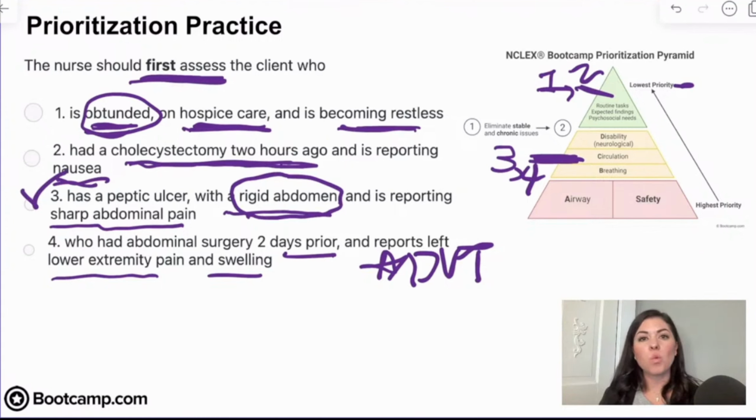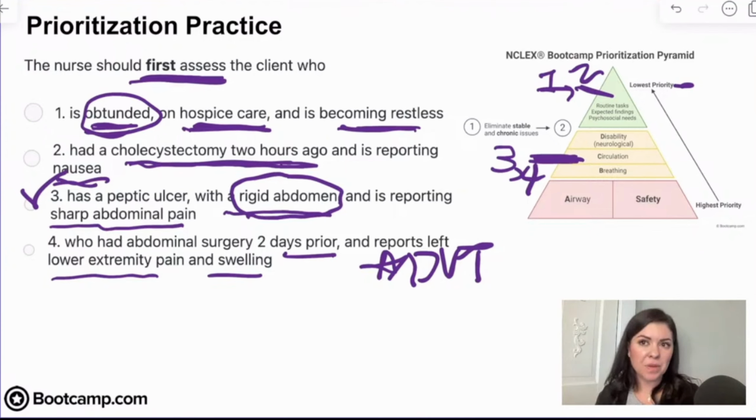But let's talk about when option 4 could have potentially been correct. Maybe instead, the option could say we have a client that's postoperative who has left lower extremity pain and swelling, and now they have tachycardia. They're restless, they're anxious, they're short of breath.